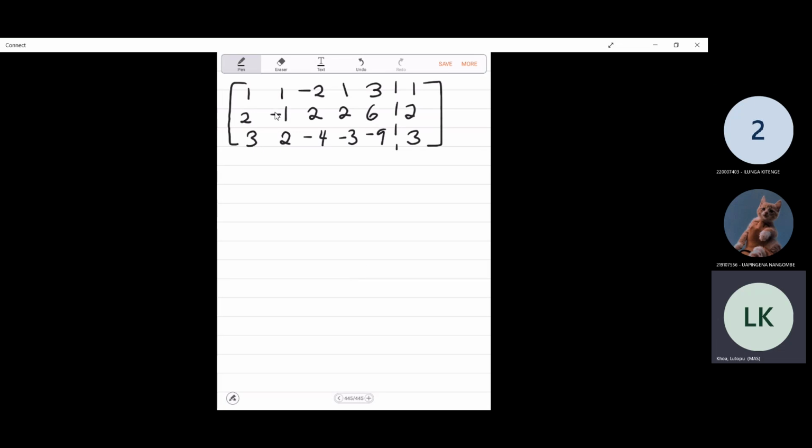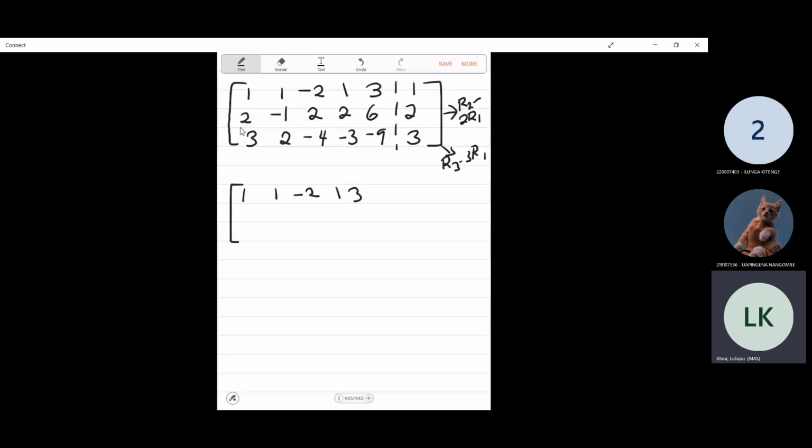Okay, so we can start by making these two zeros. So to do that, I say row 2 minus 2 times row 1. And then this one here, I say row 3 minus 3 times row 1. Row 1 has not changed, so it's 1, 1, minus 2, 1, 3, and 1.